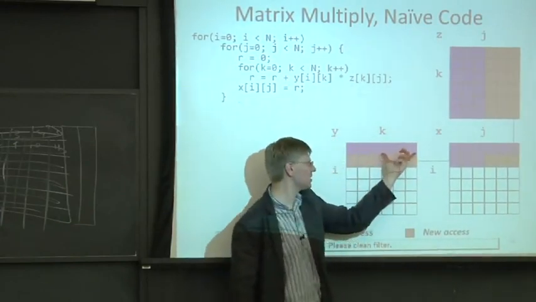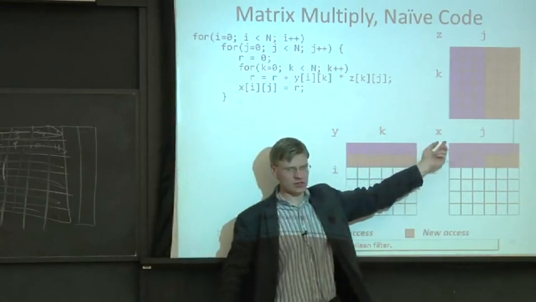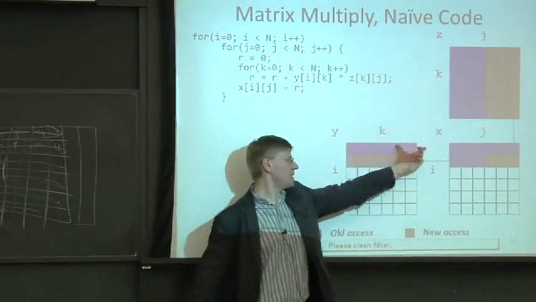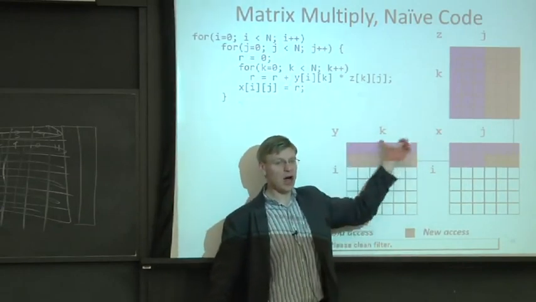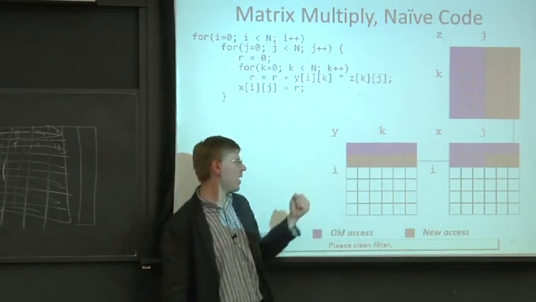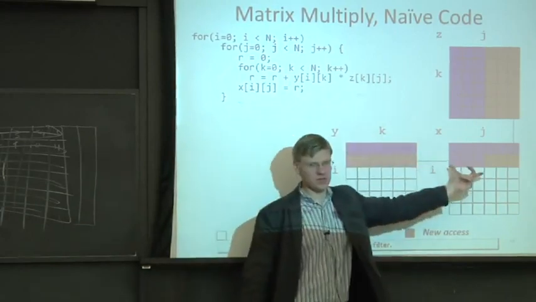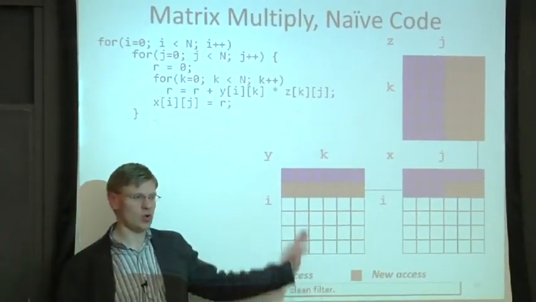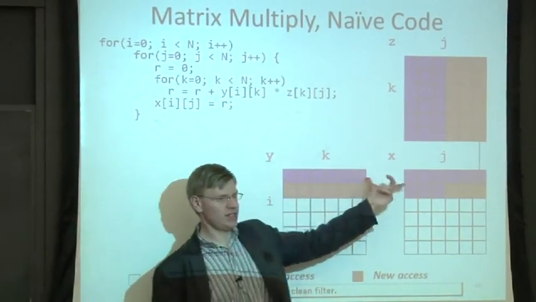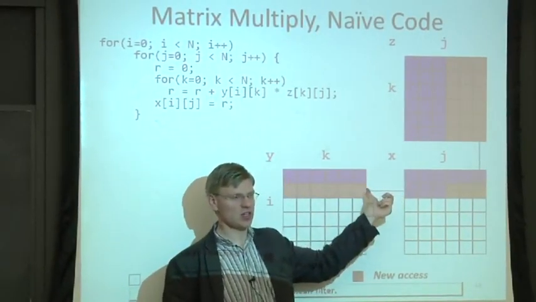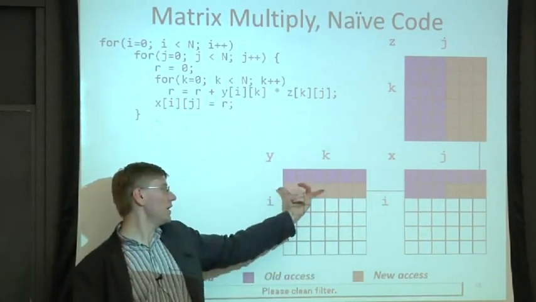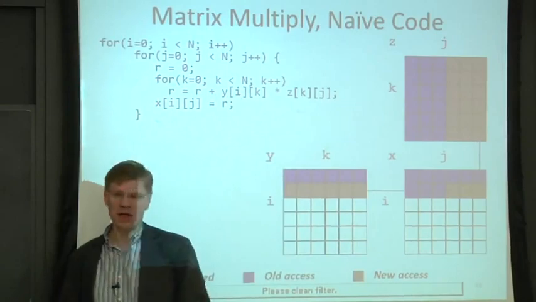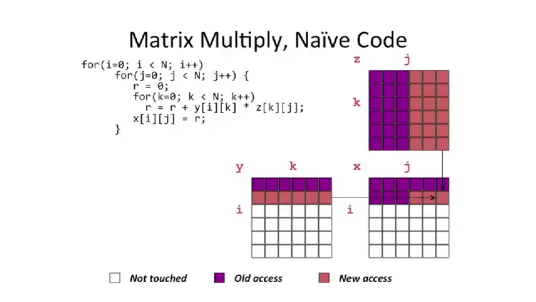But the downside is for very large sized matrices, as I said, this can be multiple blocks or multiple lines long. What's going to end up happening here is this may conflict with something else farther down if it's a very large cache in its own array. Or you're just increasing the occupancy in the cache. So we're going to talk about blocking, which will make it so that we only read one block at a time and do the multiplication in multiple steps.